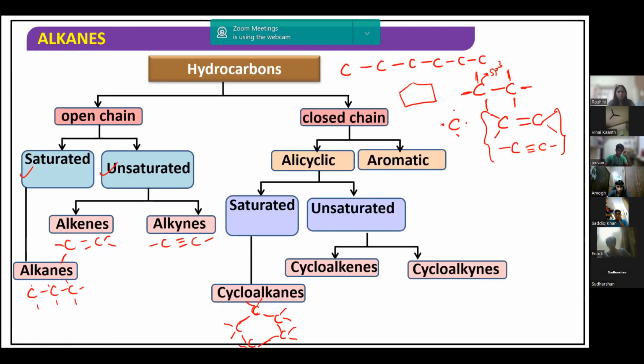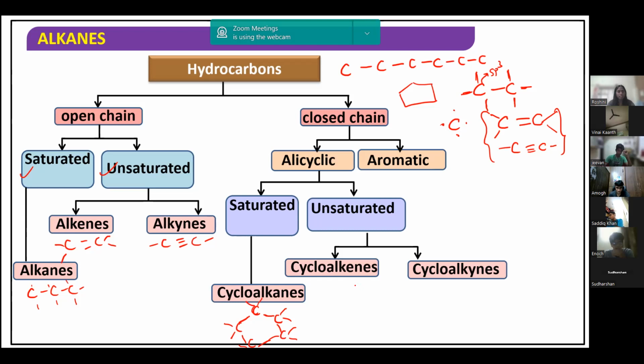So this is a cycloalkane because all carbon atoms are bonded with different atoms or groups. Therefore, it is a cyclic compound but having an aliphatic character, and it also has all 4 single bonds. Therefore, we call it a cycloalkane.